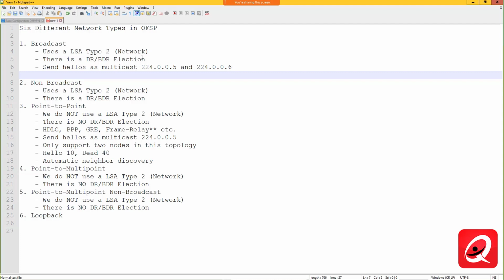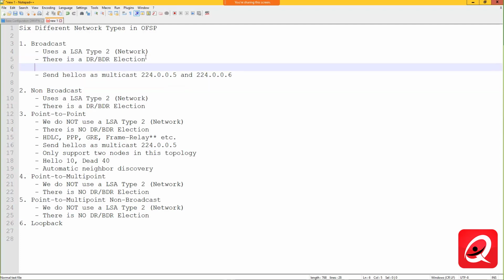So broadcast would be essentially Ethernet, of course, FDDI, token ring, or potentially any multi-access network.